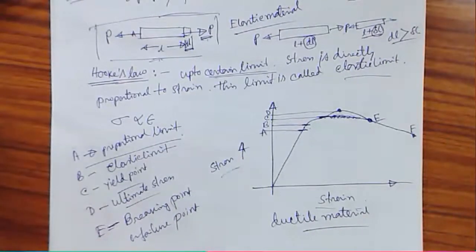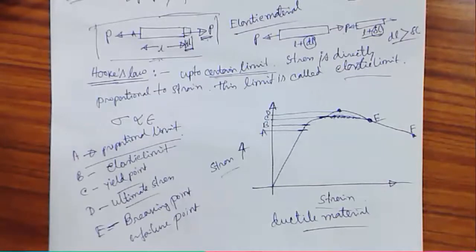Work hardening occurs. Work hardening means the strength, the hardness suddenly gets increased. The object can take a little more load. But whenever the loading crosses the point D, the ultimate stress point, failure starts automatically. Then the strain continues.